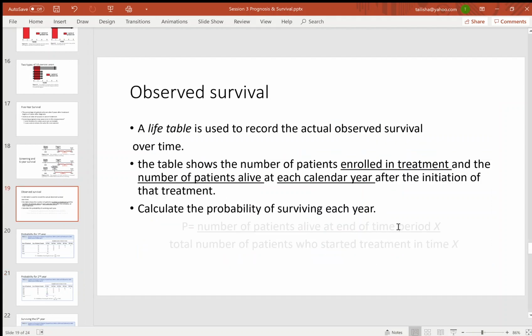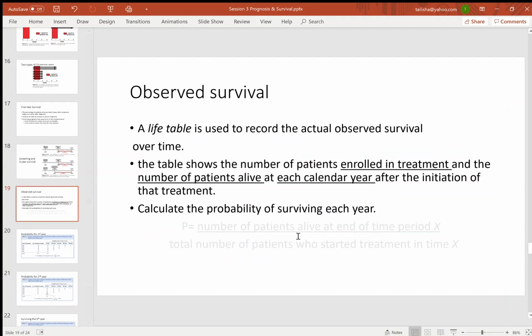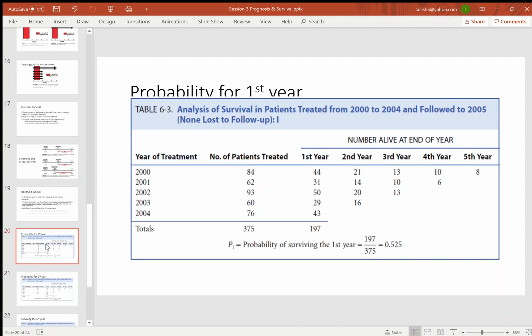Number of patients alive at the end of time period X, 71, right? These are the number of people that are alive at the end of the second year. And the total number of patients who started treatment in time X. So the total number of people who started treatment, right?